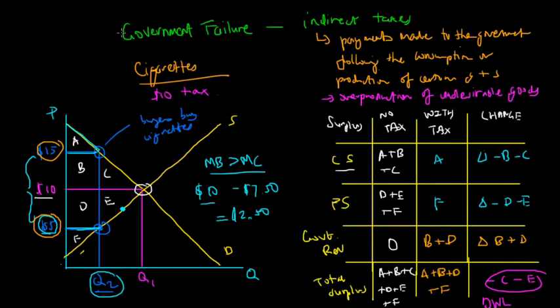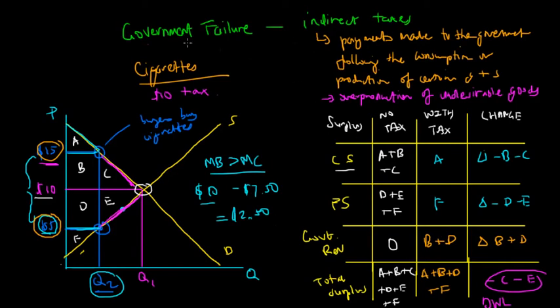Although the government introduced this tax to reduce or eliminate the overproduction of cigarettes, it has incurred a dead weight loss, because some people still derive pleasure from smoking. Because the price of cigarettes is now $15, some people aren't able to purchase them anymore. At the same time, some suppliers who make a living from selling cigarettes aren't able to supply anymore, because the revenue is now only $5 after the indirect tax.